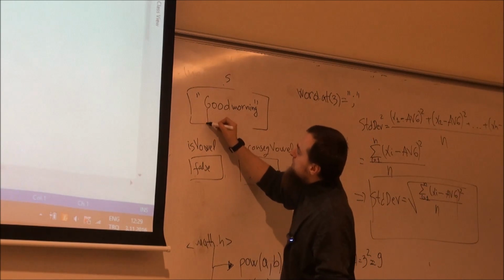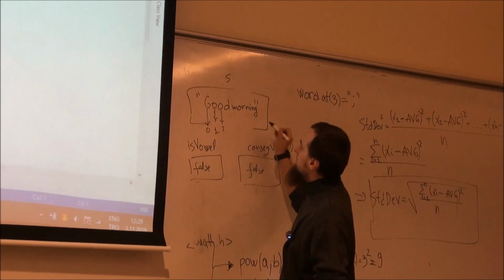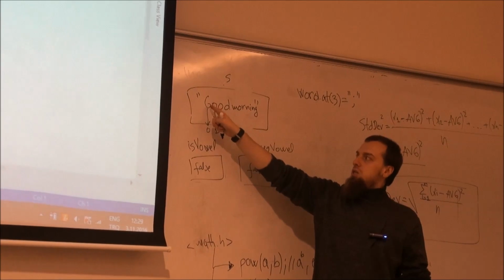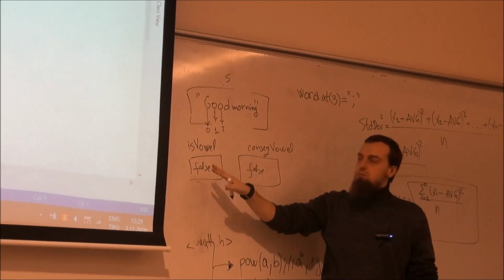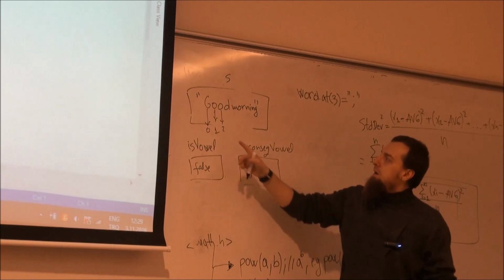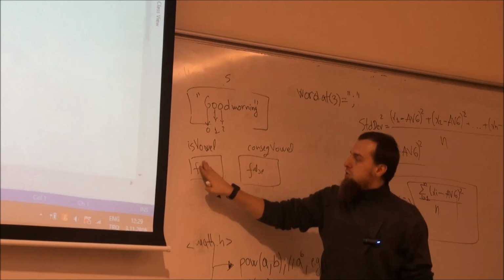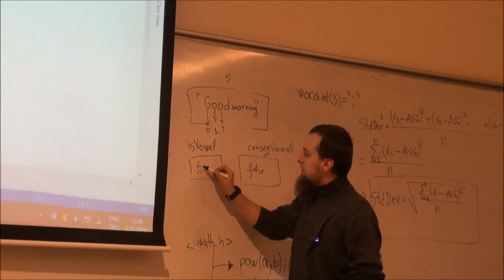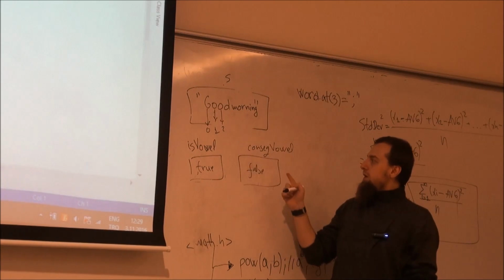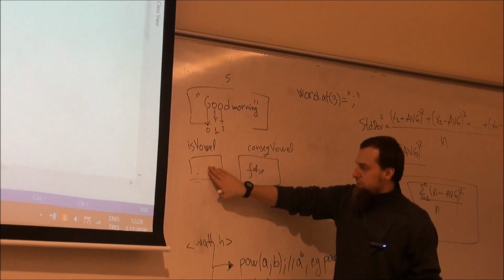I start from the first index 0, 1, 2, till the end. I go to the end of the string and check. Is G a vowel? No. If it's not a vowel, I'm not going to make any checks either. I'm going to O. Is O a vowel? Yes. So this is going to be true. Let me start from scratch.